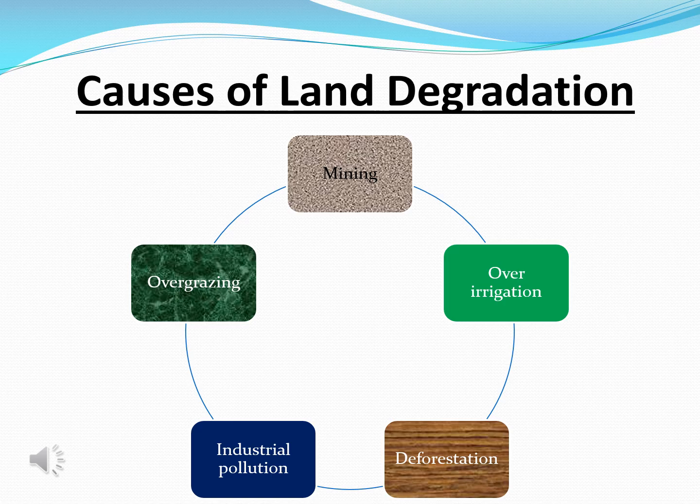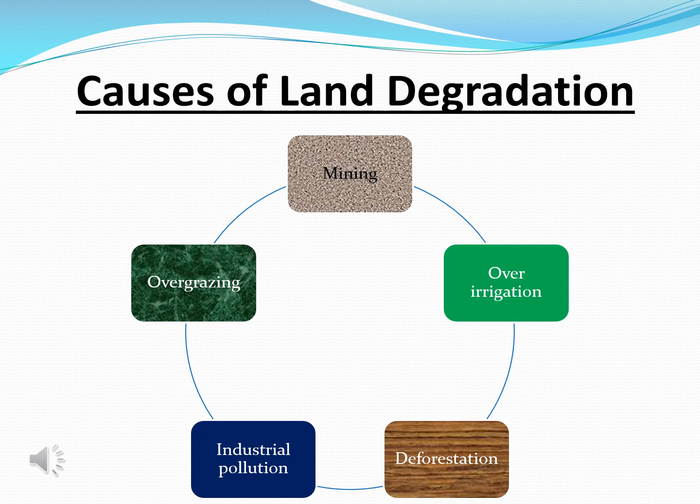In states like Gujarat, Rajasthan, Madhya Pradesh, and Maharashtra, overgrazing is one of the main reasons for land degradation. And in states like Punjab, Haryana, and Western Uttar Pradesh, over-irrigation is responsible for land degradation due to waterlogging, leading to an increase in salinity and alkalinity in the soil.